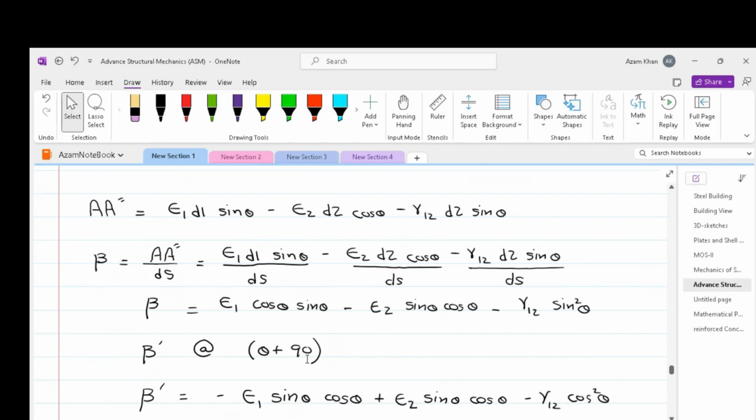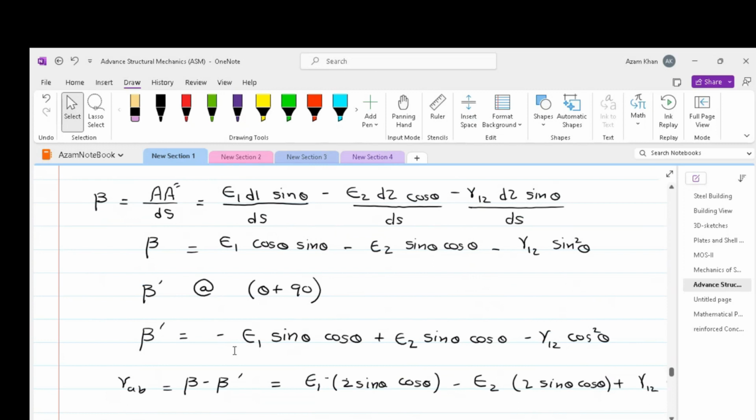So plugging theta plus 90 degrees in the beta equation, we get beta dash as minus strain 1 sine theta cos theta plus strain 2 sine theta cos theta minus gamma 12 cos square theta.